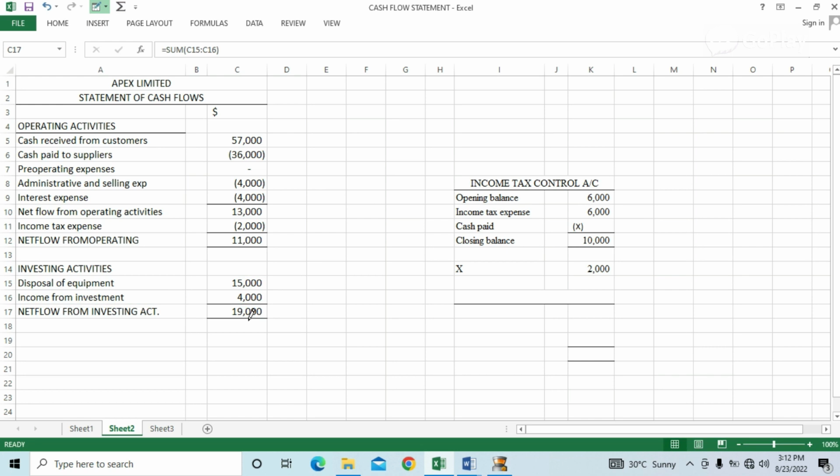So that is that. So the next thing that you look at is the financing activities.